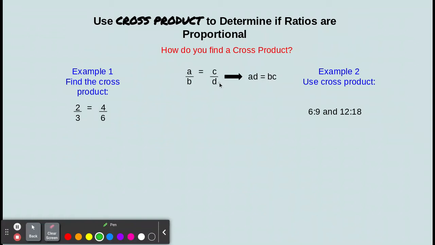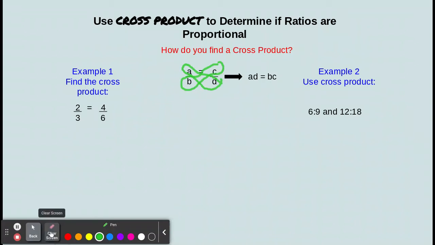But we're finding the cross product, meaning A times D should be the same as B times C if these two ratios are proportional. Okay, cross products are equal if they are proportional. And to find the cross product again, A times D, B times C.